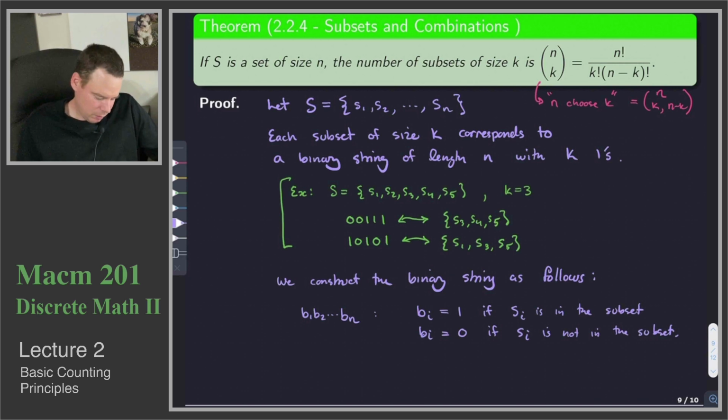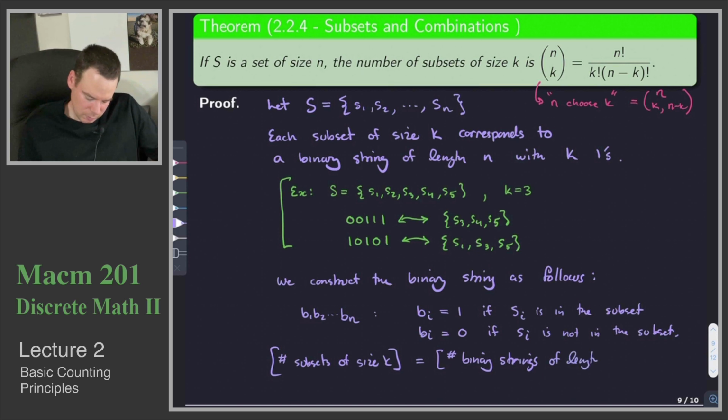And now the question is, how many subsets are there? So the number of subsets of size k, well, that's now equal to the number of binary strings of length n with k ones.